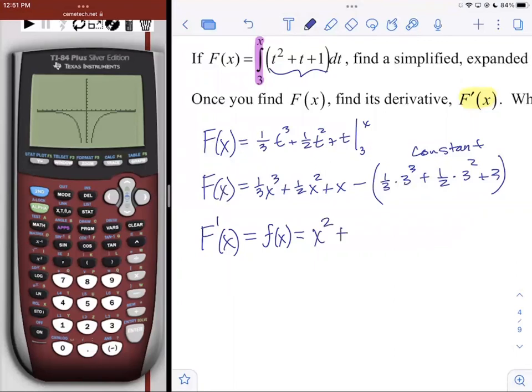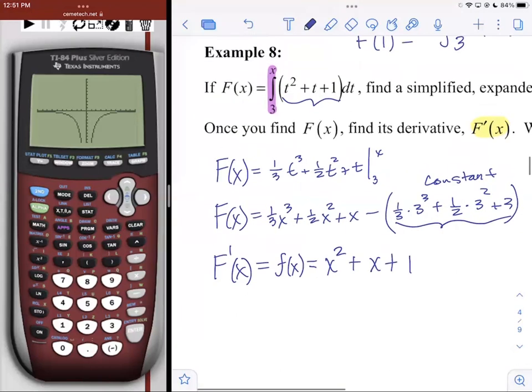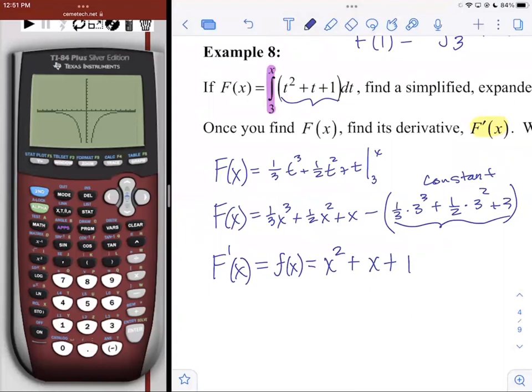We get x squared. Plus 2 times a half is 1, x to the first. Plus 1. And then minus, what's the derivative of this whole dude? 0. So there you go. So we get x squared plus x plus 1.